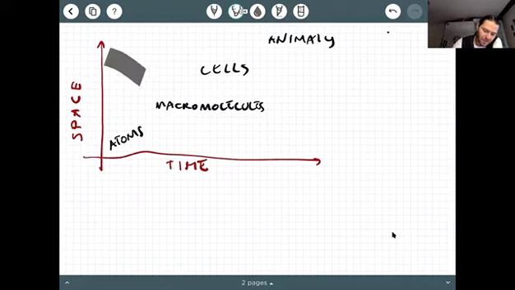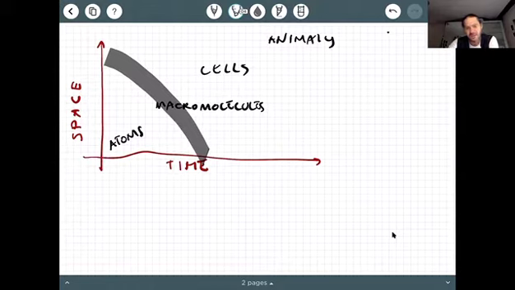And in particular, we came up with the idea of this fuzzy border that splits the physical objects that change their state and evolve in time according to the laws of classical physics, and the physical objects that do not follow those rules and follow the rules of quantum mechanics.